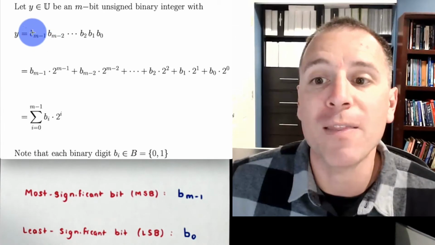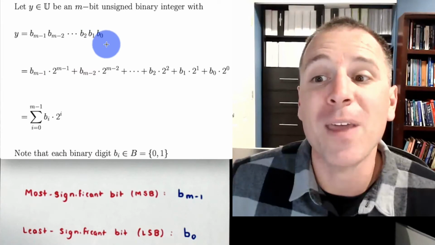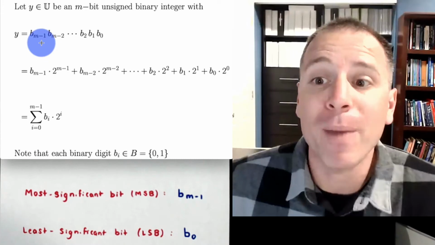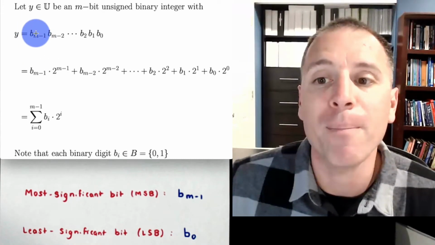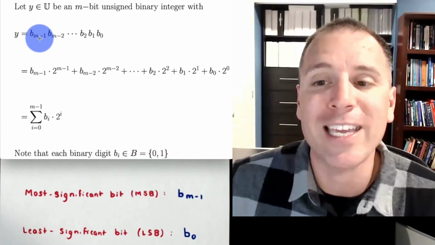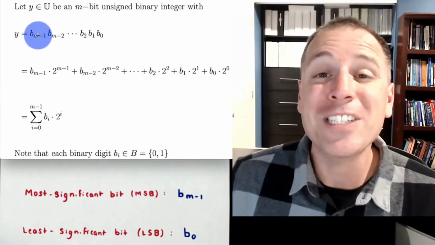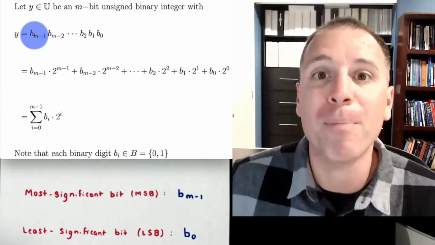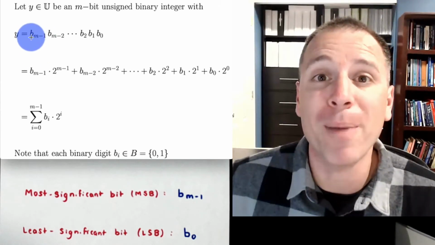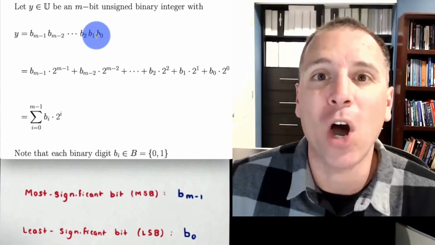Would you care most that they track the highest power of 2? Or would you care most that they track the least power of 2? Well, if you enjoy having money in your bank account, you would say it is most important for them to match the most significant bit. In other words, it is most significant that we get this correct, because the power of 2 is much higher on that bit. We'll see more of that notation as this class goes on, but remember, the most significant bit is the one associated with the highest power of our base, and the least significant bit is the one associated with the least power of our base.